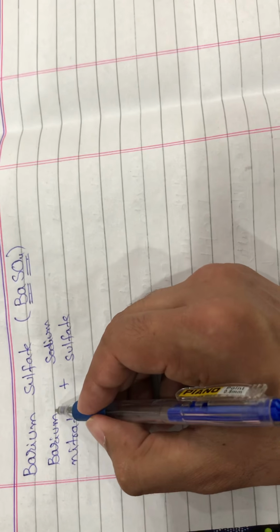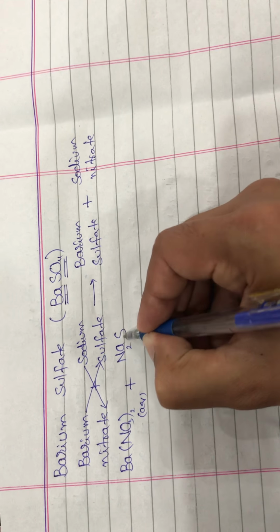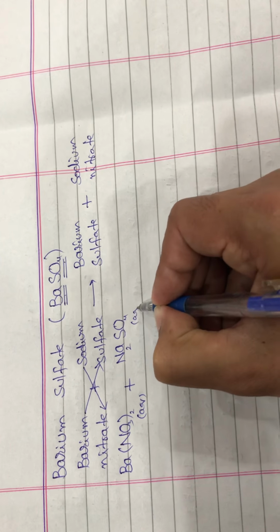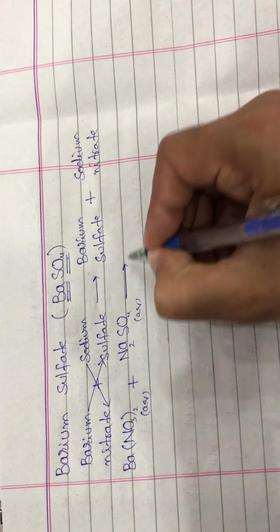Barium nitrate, Ba(NO3)2, aqueous, plus sodium sulfate, Na2SO4, produces barium sulfate, BaSO4, solid, and sodium nitrate, NaNO3.